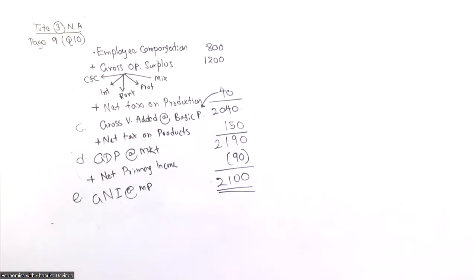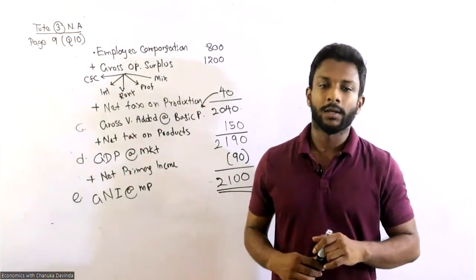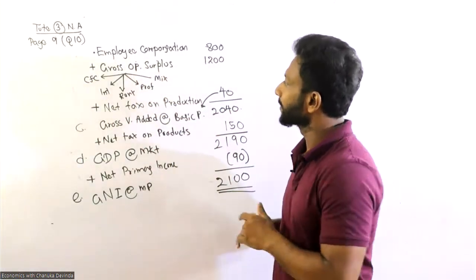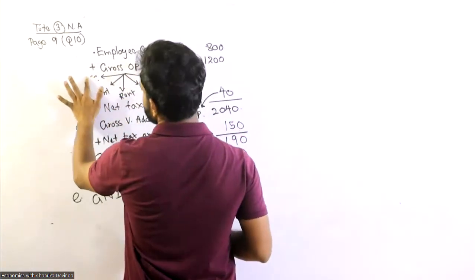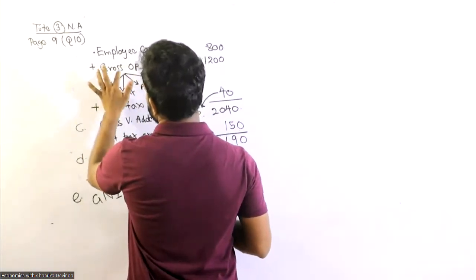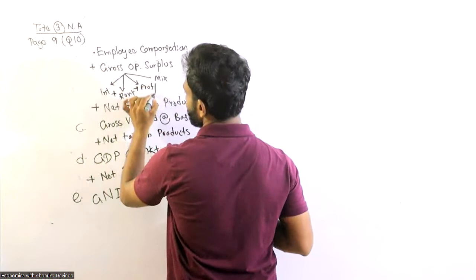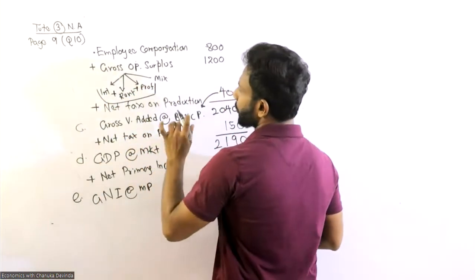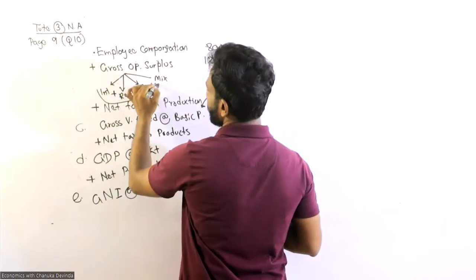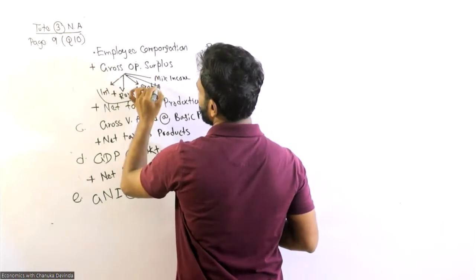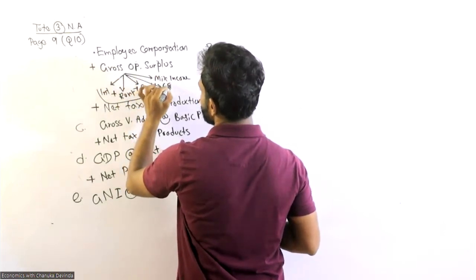Here, firstly, we calculated net operating surplus, which equals the accumulation of interest plus rent plus profit, adding mixed income and one more item, CFC.